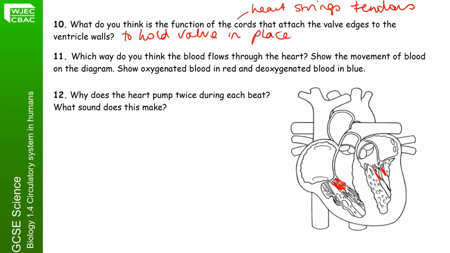Which way do you think the blood flows through the heart? Show the movement of blood on the diagram. Show oxygenated blood in red and deoxygenated in blue. So this is where we start to look at the diagram here. We've got two pulmonary veins. These have come from the lungs, so because they've come from the lungs, they have blood containing lots of oxygen.